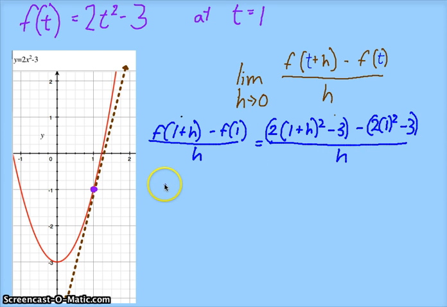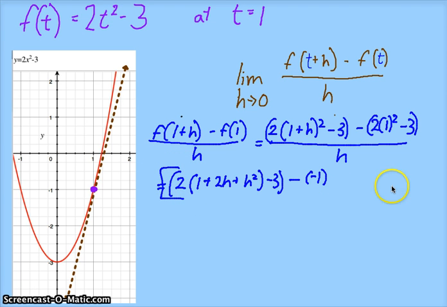Again, as I said, you really need to know your algebra. I'm going to expand this. 1 plus h quantity squared is 1 plus 2h plus h squared, minus 3. 1 squared times 2 is 2, and 2 minus 3 is negative 1. Just to save space, I'll put it all over h.